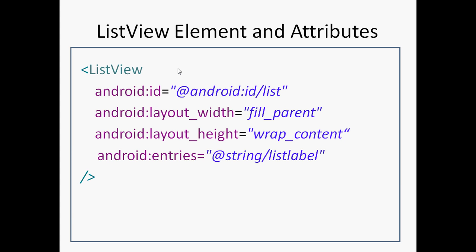The second parameter is telling that these parameters are already right, regarding specifying the width and height of this list view. The fourth parameter is entries. Suppose you need to give some default items to your list view. Suppose you are going to show this list view at the launcher activity of your application.